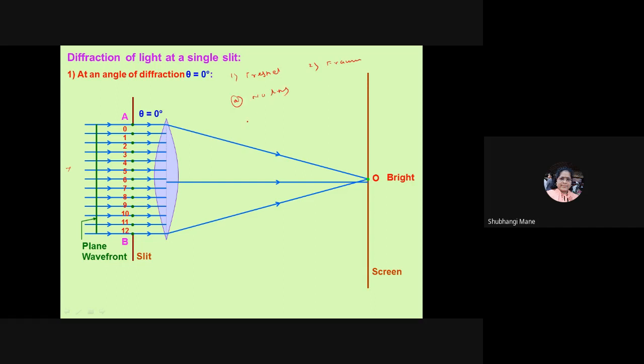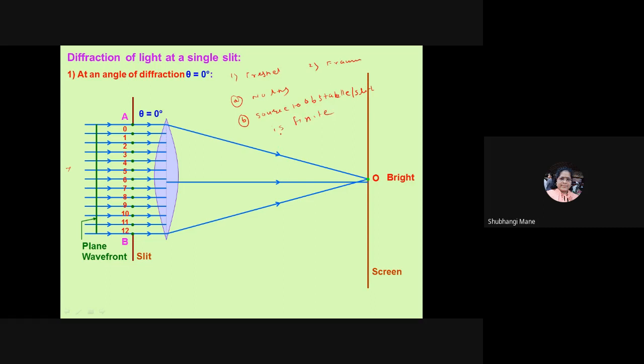Second difference, the distance between source to obstacle or slit is finite.